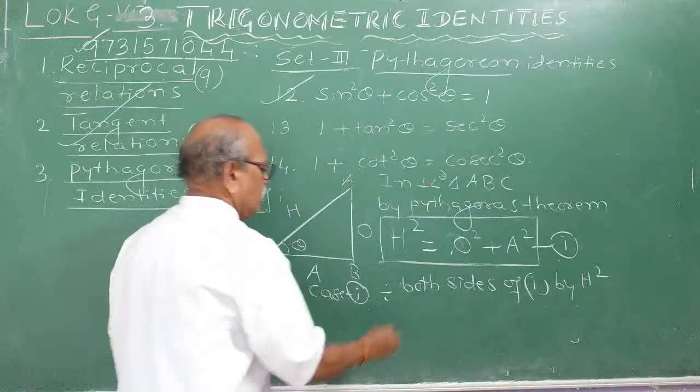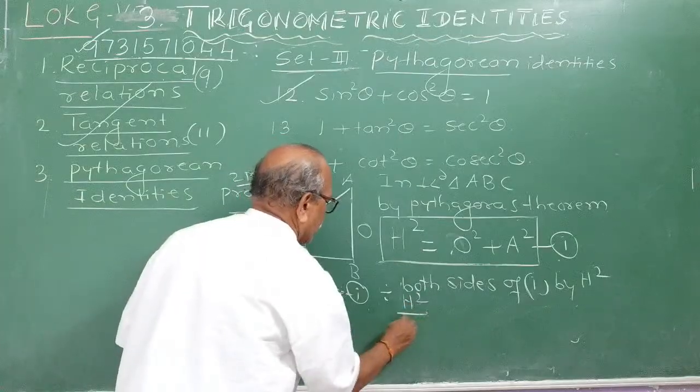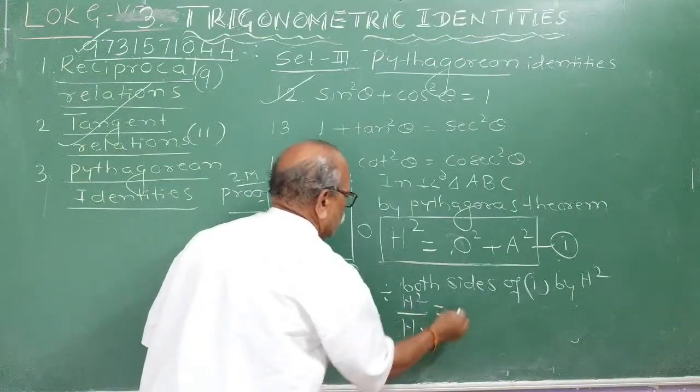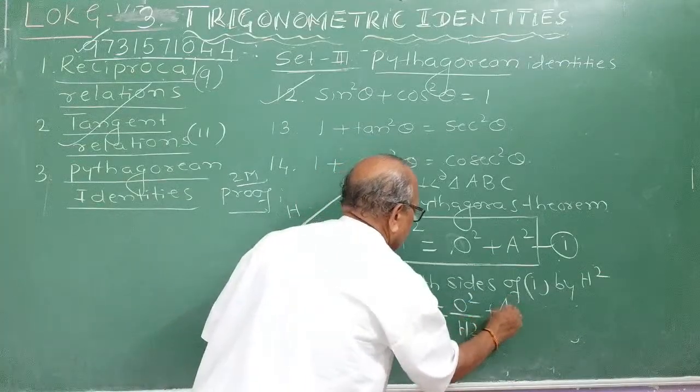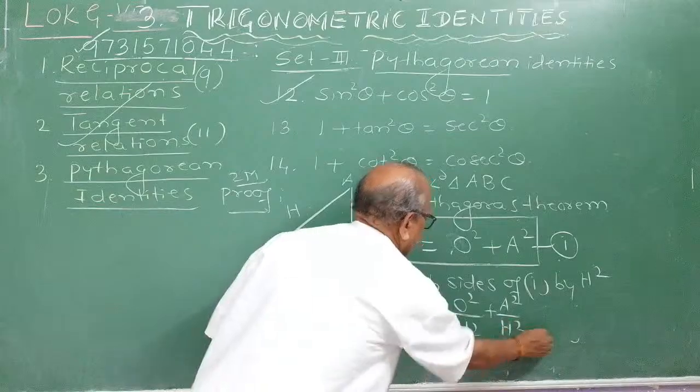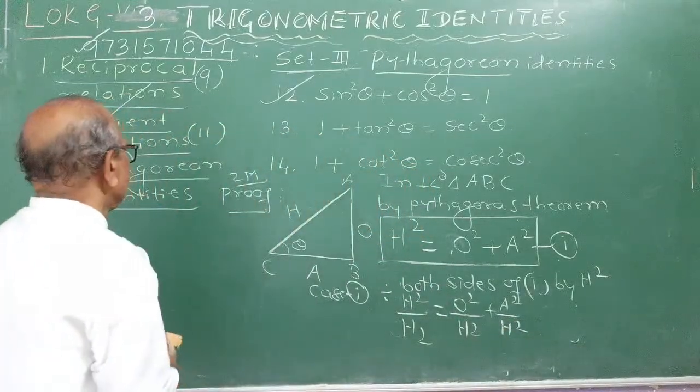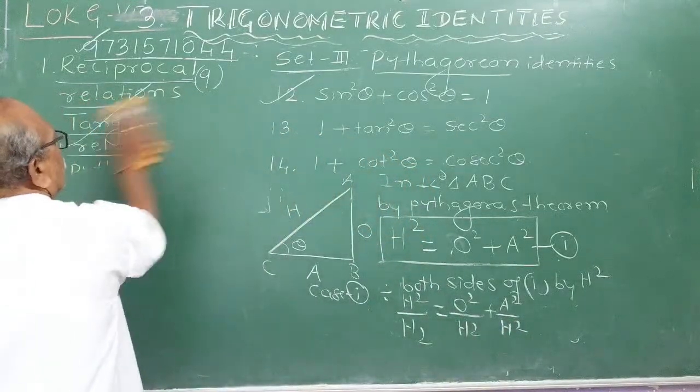What do you get here? You will get h square upon h square is equal to o square upon h square plus a square upon h square. I hope you are getting me. Okay, I'll rub this part.